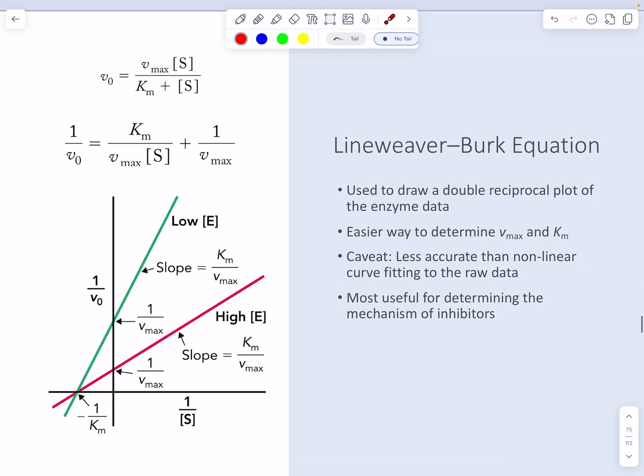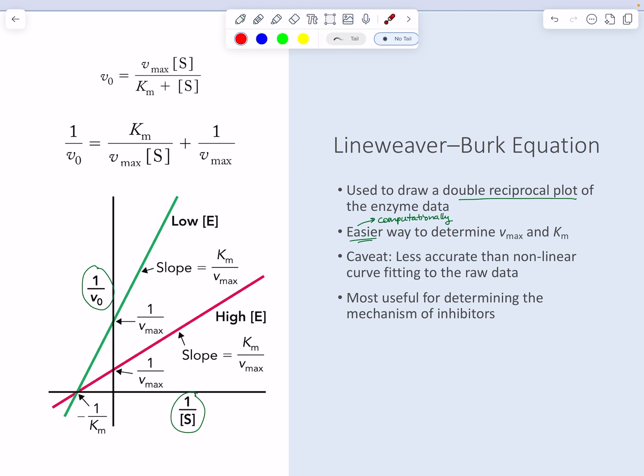Okay, so the Lineweaver-Burk equation, again, is called a double reciprocal plot because you're taking the reciprocals of V0 and the substrate concentration at which that V0 was determined. It is easier computationally, but these methods were developed pre-computers, when working with lines was easier than nonlinear curve fitting.